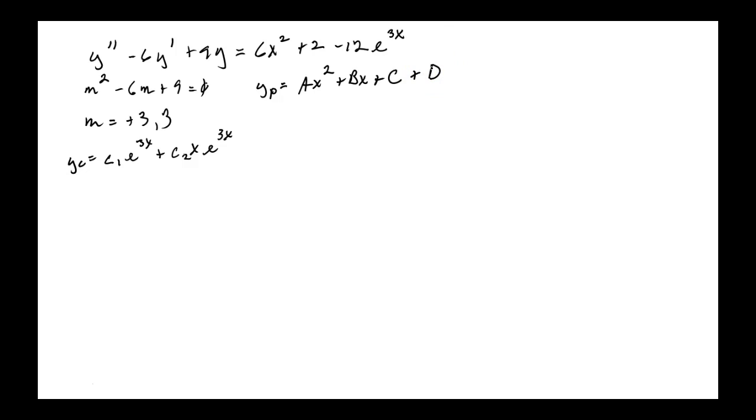Okay, if you're tempted to put e to the 3x, that's a legitimate temptation, except notice you can't because of that. So then your next suggestion would be dx e to the 3x, but that's taken care of too. So your next suggestion would be dx squared e to the 3x. That's done. That's your y sub p.